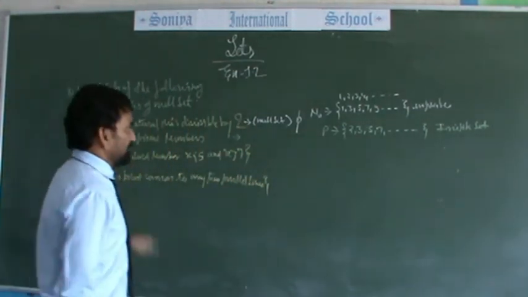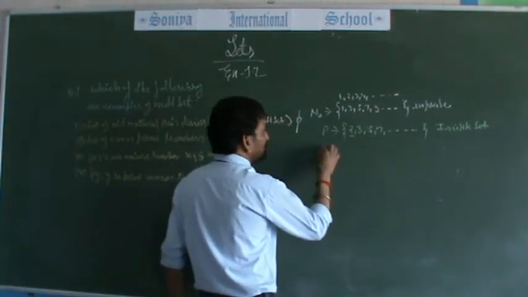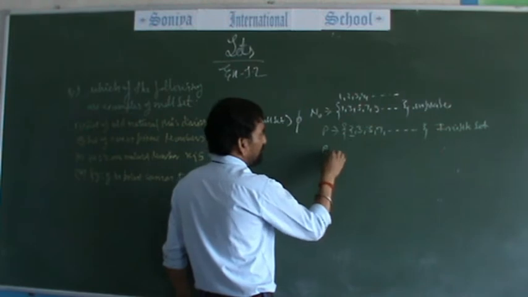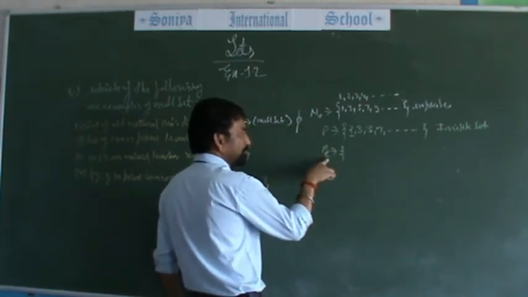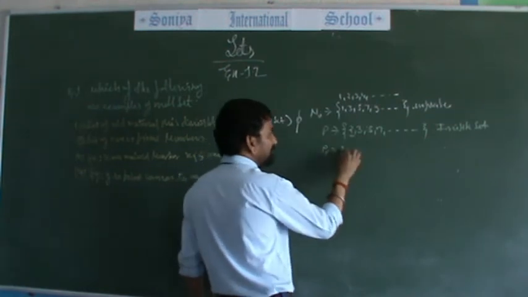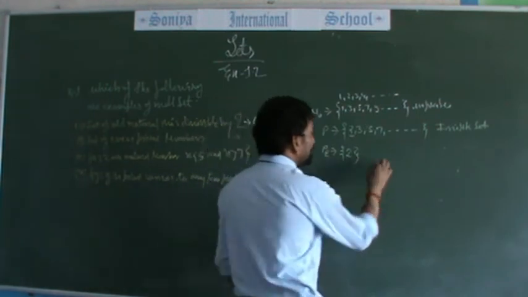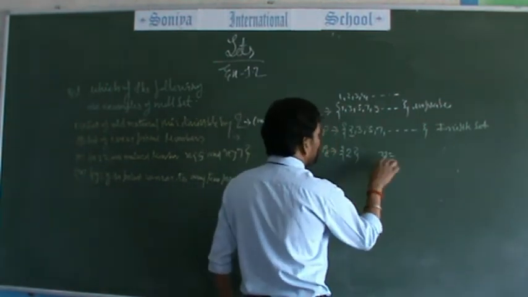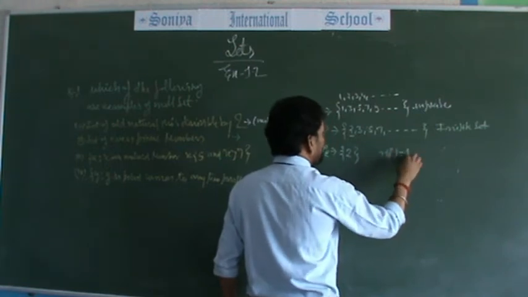Even prime numbers. How many even prime numbers are there among all the prime numbers? Just one. So the even prime number in the set of even prime numbers, E stands for even and P stands for prime number, is only 2. So how many elements are there? The cardinal number for set EP is 1.